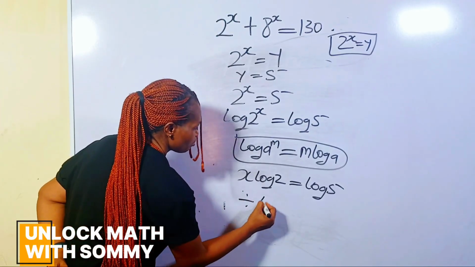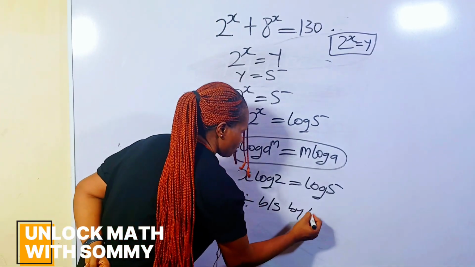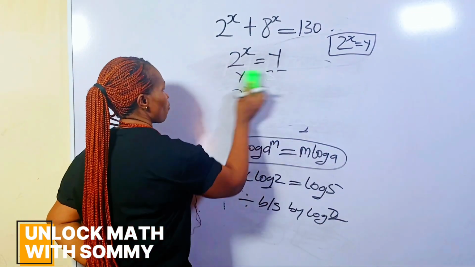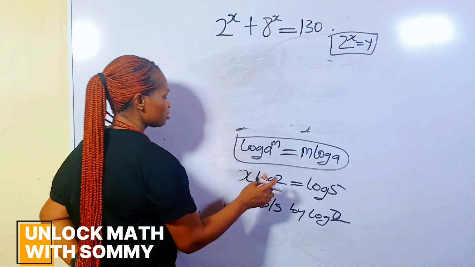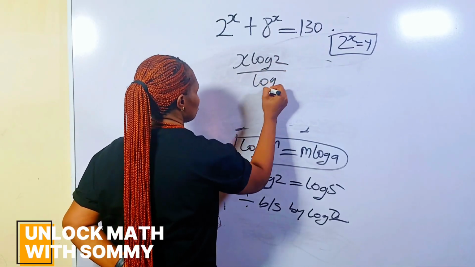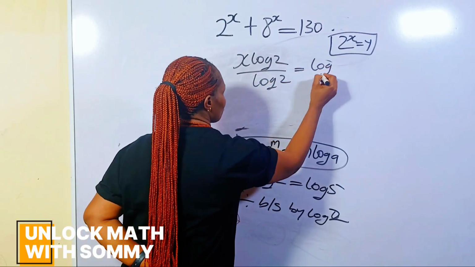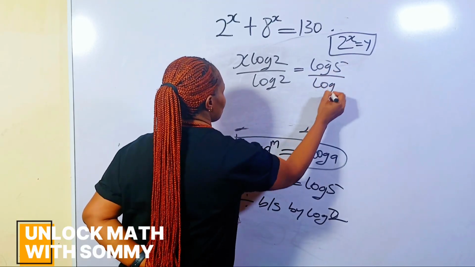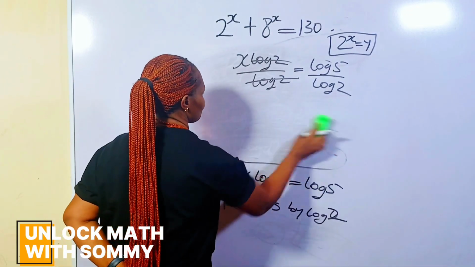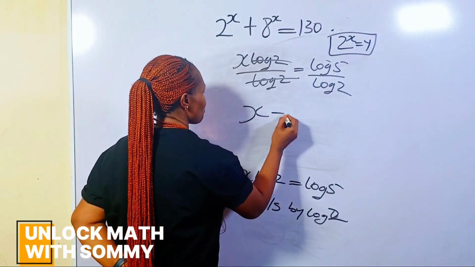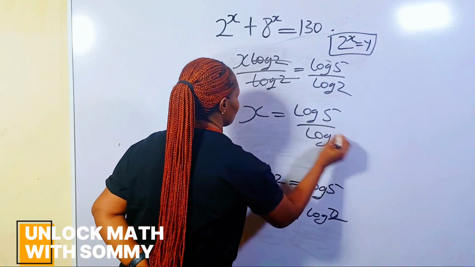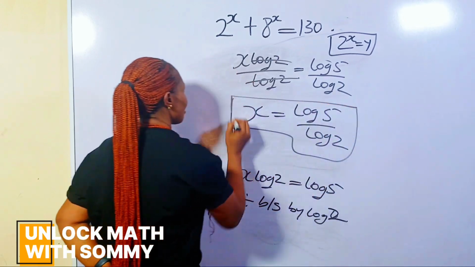When we divide, we now have s log 2 divided by log 2 is equal to log 5 divided by log 2. And when we cancel out, we now have the value of our s, which is s equals log 5 divided by log 2. And this is our answer.